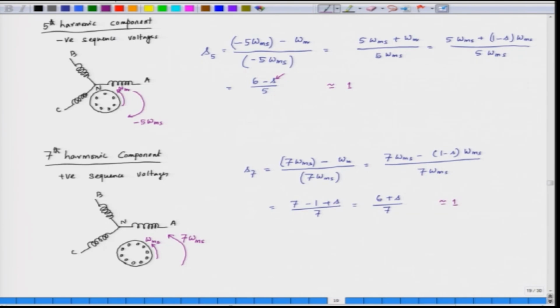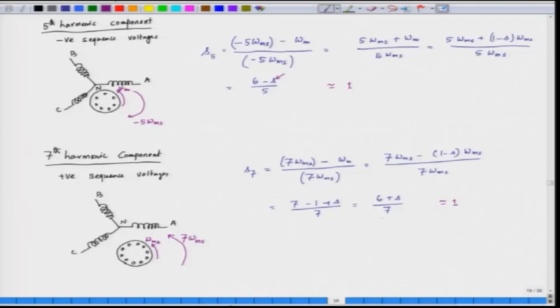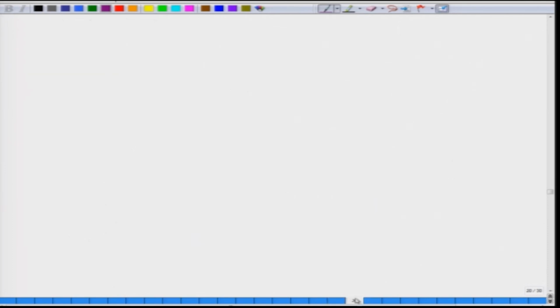So, what we see here is that the slip for the higher order harmonics is close to 1. This is the slip for the seventh harmonic component and this is the slip of the fifth harmonic component. So, we can arrive at a very general formula if we want to find out for any harmonic m.